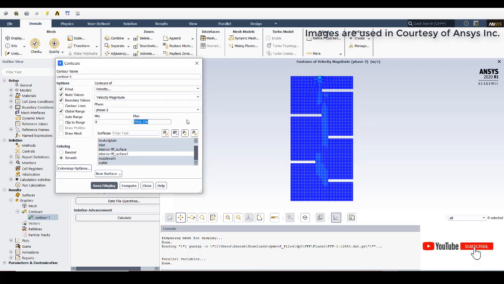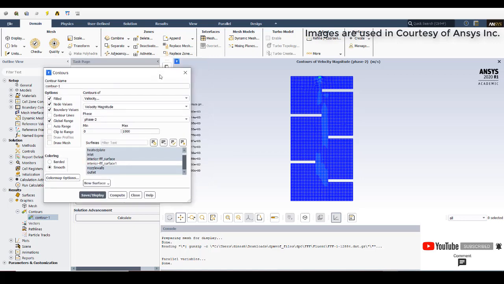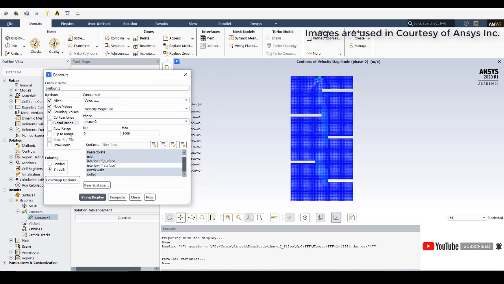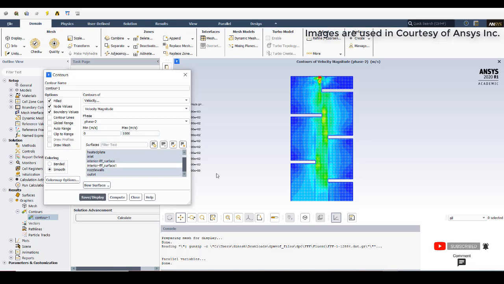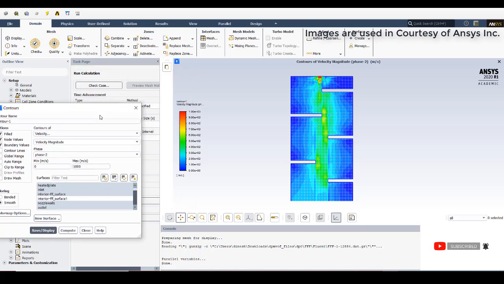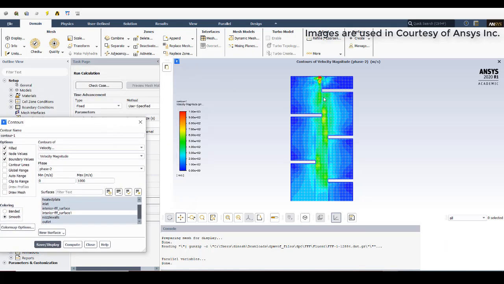Maybe you can reduce this maximum value, because the maximum value is at the highest point only. So this is the phase 2 fraction, which is the air and vapor mixture. You can observe this.